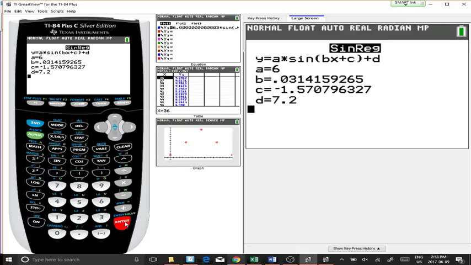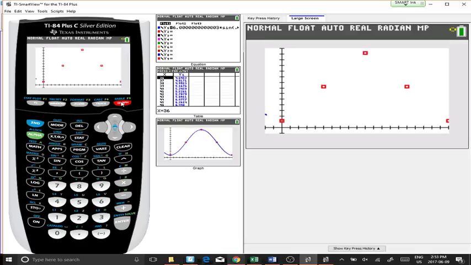I still get the same numbers, but now I hit graph, and now look at that beautiful sine curve that graces each of those points. The equation's the same, and it just goes through those points so nicely.